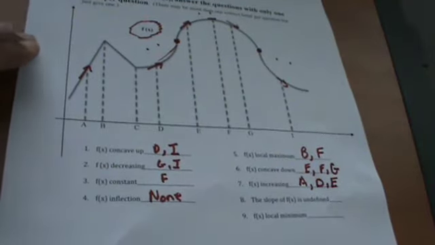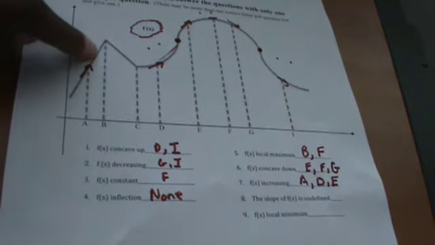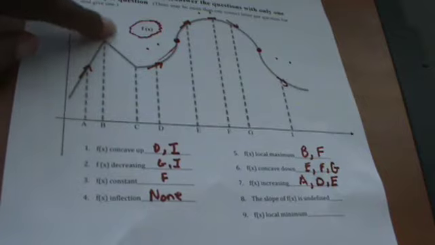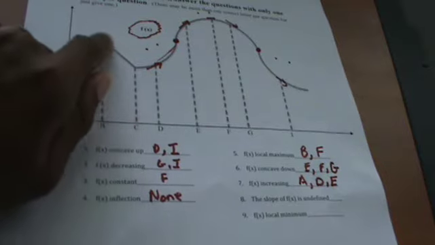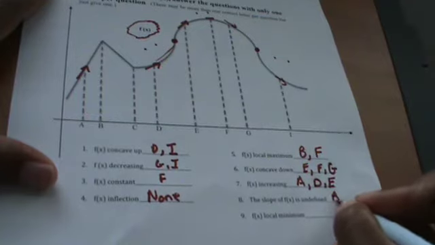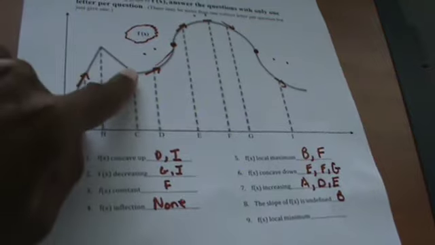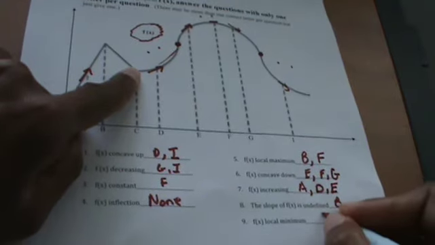Where can't you draw in a slope? Okay, so it's right here at B. You can see, would you draw on your tangent line like that? Or would you come in this way and draw on your tangent line? Because we can't decide, we're going to say your slope is undefined at B. And then lastly, it says, where does f of x have a lowest point? The lowest point in its region, right there at C.